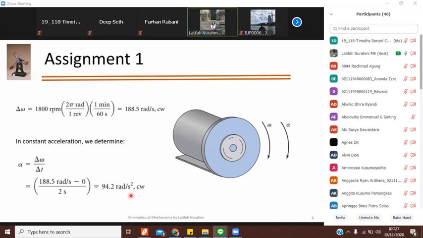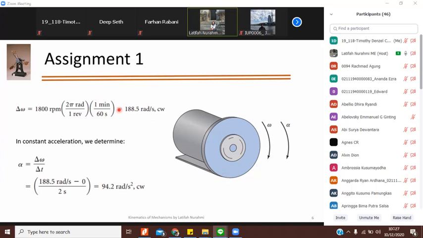In this case, the rate of change is constant, because initially the grinding wheel is at rest position. It stops like this, and in the final position, it has velocity 1800 RPM.